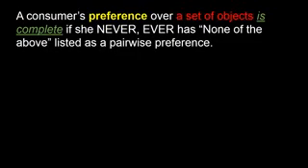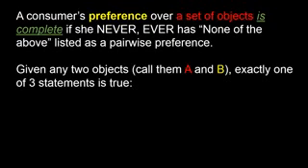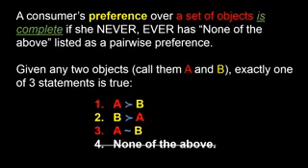In other words, whenever she's given any 2 objects, call them apple and banana, she always picks one of the following 3 statements as true. She strictly prefers apples to bananas, she strictly prefers bananas to apples, or she is indifferent between apples and bananas. She never answers none of the above.